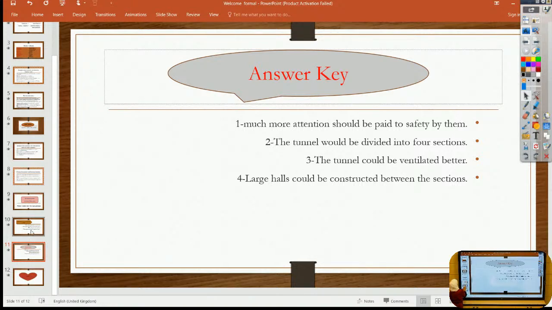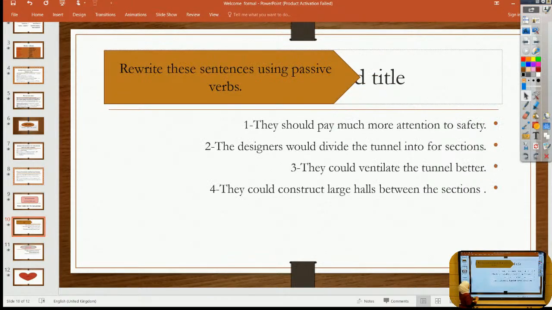Return to the other sentences. The designers would divide the tunnel into 4 sections. Also here we start with the object. After the object, I need the modal. Here we have the modal verb would. After it be, then the past participle and the completion.